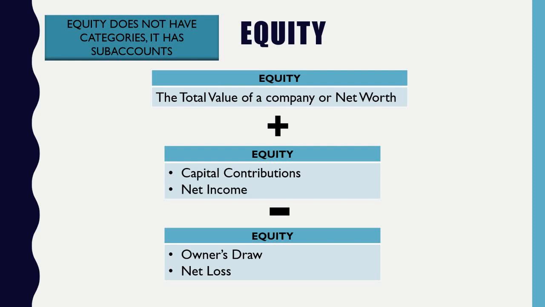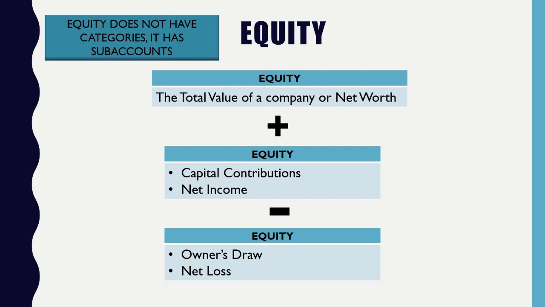Okay, next is going to be equity. We kind of have to understand this here. Equity has no categories. But here are examples of things that affect equity. Remember, these are not categories.